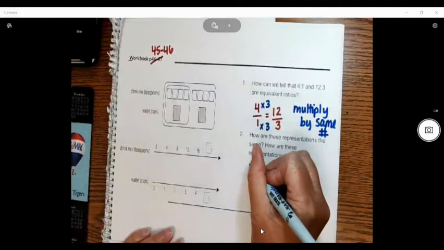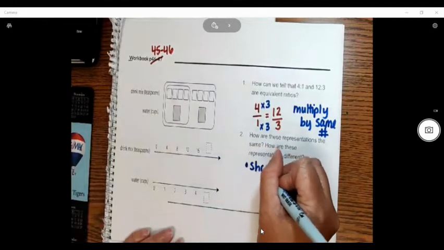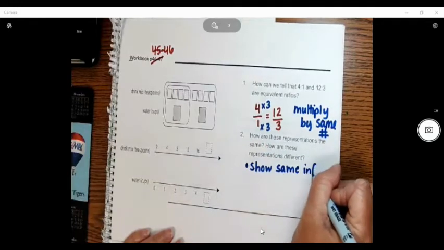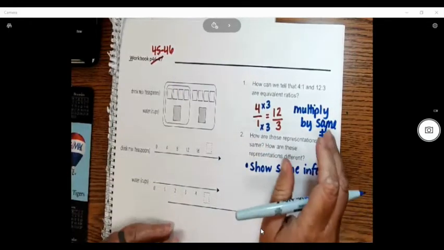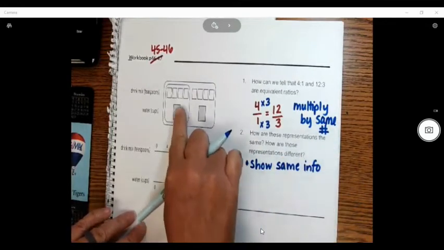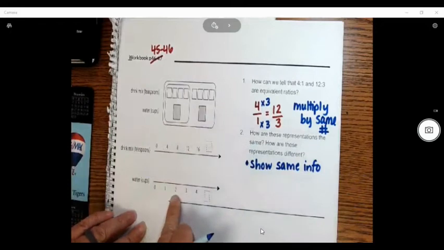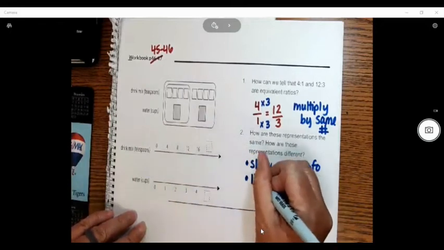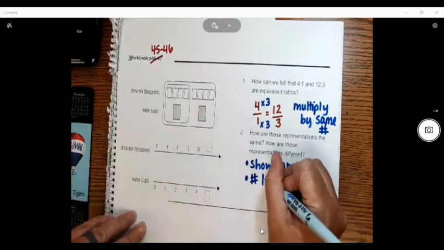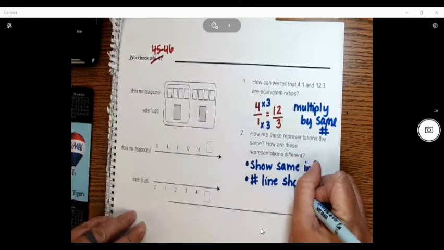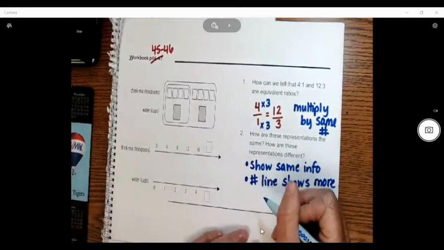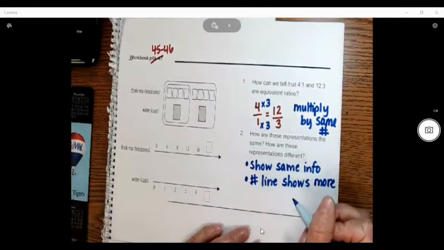So they show the same information, but how are they different? Well, this one only goes to 8 and 2 cups of water, but the number line, what does it do? The number line shows more information, or more drink mixtures.